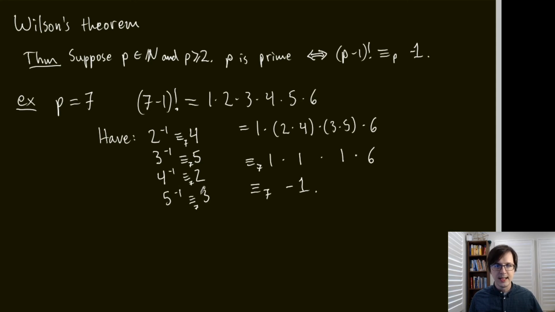Since they come in these pairs, we can rearrange them so that the 2 and the 4, which are inverse pairs, we can put next to each other, and the 3 and the 5, we can put next to each other, and mod 7, that's 1. And so we're only left with the first and the last number after multiplying it all out, and the first number is just 1, so really we're left with the last number. But that last number is p minus 1, or 7 minus 1, which is 6, and that's minus 1 mod 7. So that's why that's true, at least in this case.